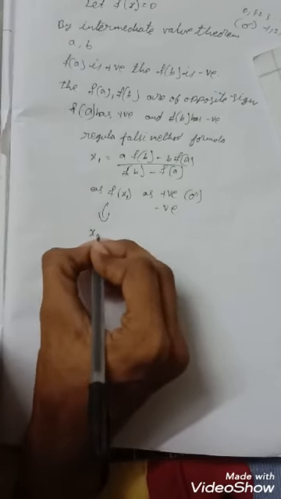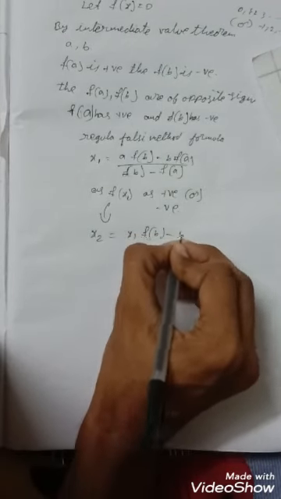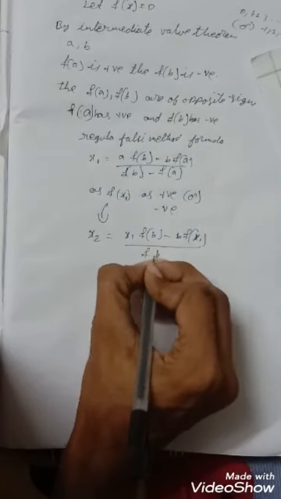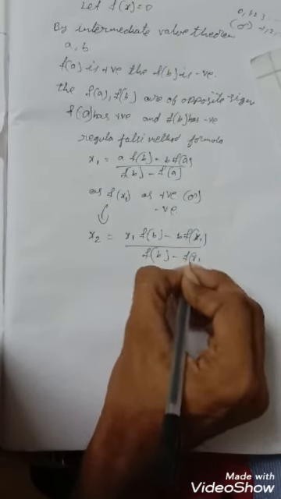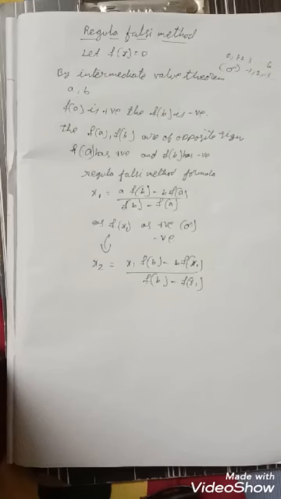Then the second approximation x2 is equal to x1 into f of b minus b into f of x1, by f of b minus f of x1. After finding each approximation, we substitute its value in the given equation and find whether it is positive or negative.